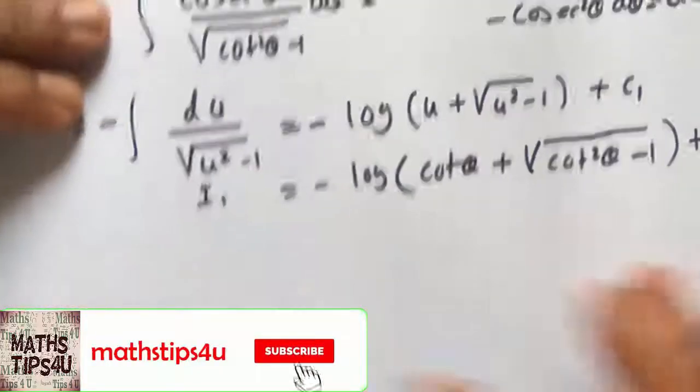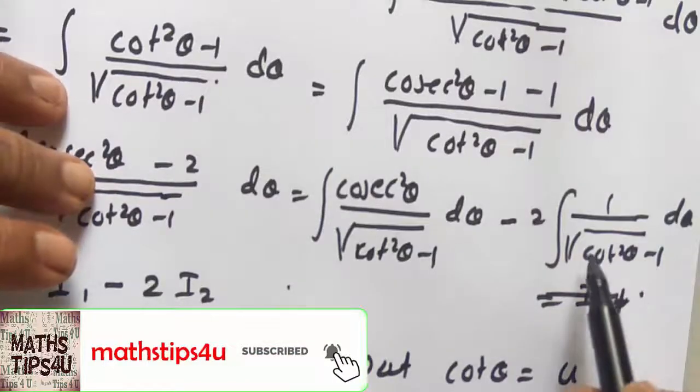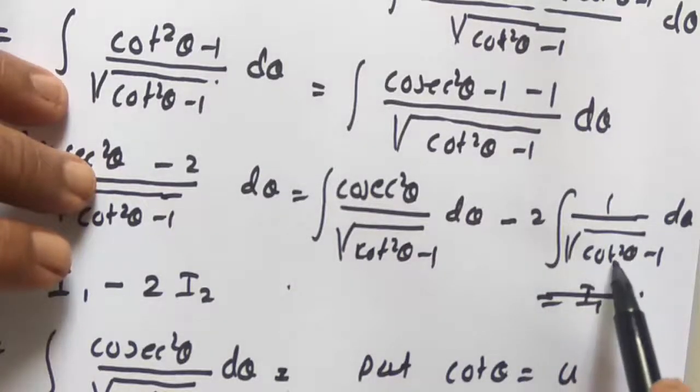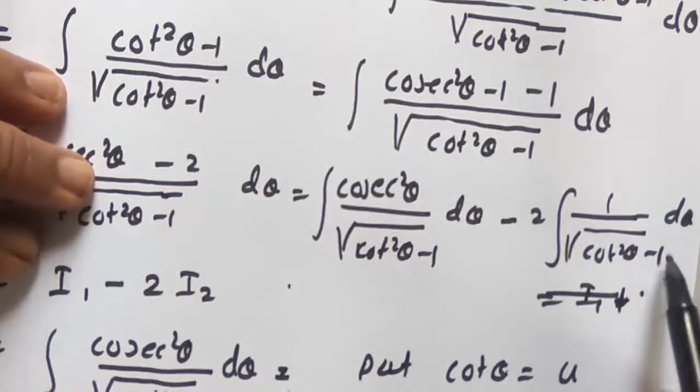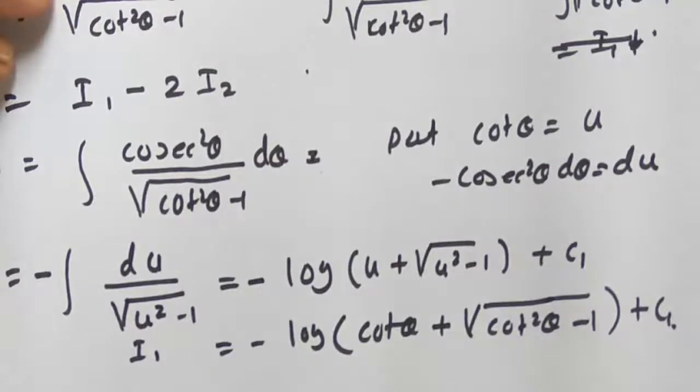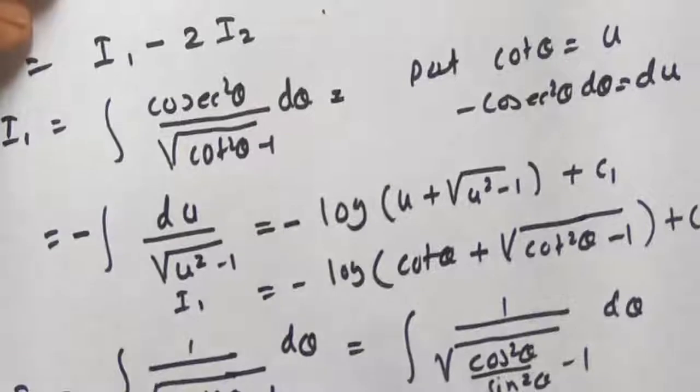Now I2. I2 is the integration of 1 upon under root of cot square theta minus 1 d theta, which is equal to the integration of 1 upon under root of cos square theta upon sin square theta minus 1 d theta.